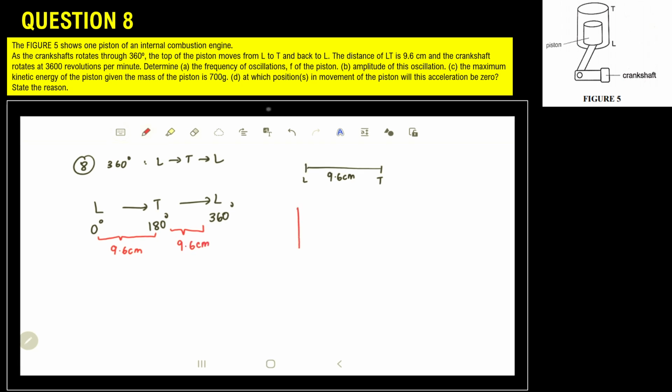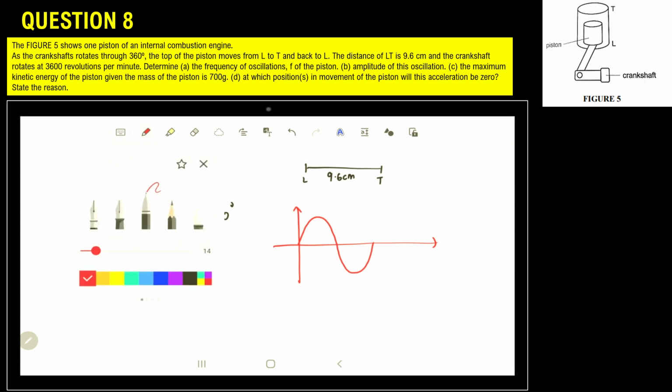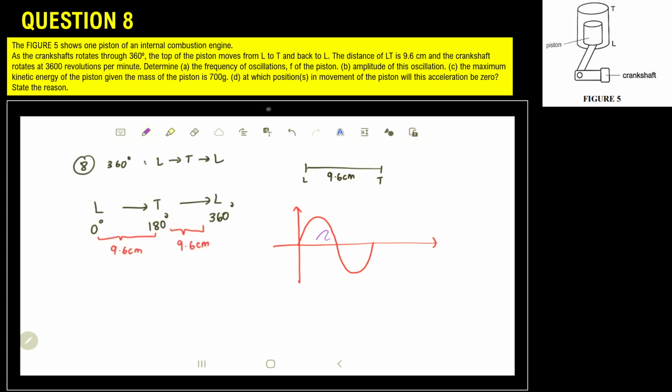For one complete revolution, we have this type of graph. This is pi over 2, which is 90 degree, this is 180 degree, this is 270, and this is 360.